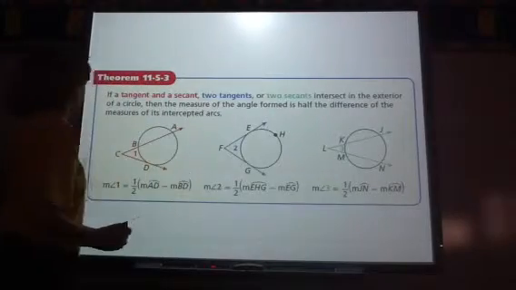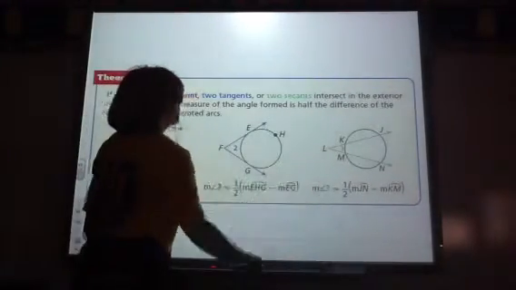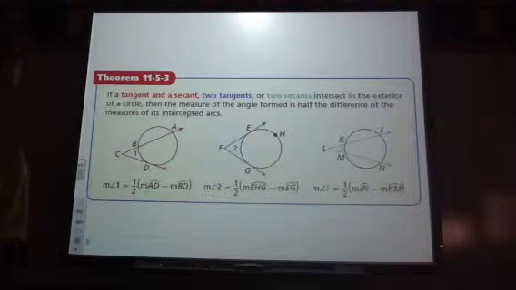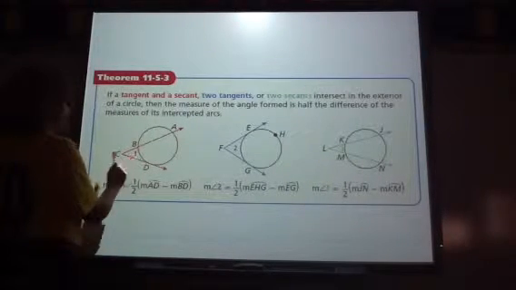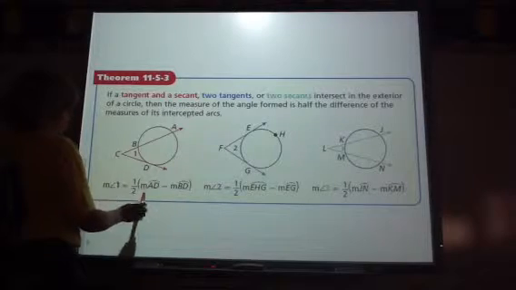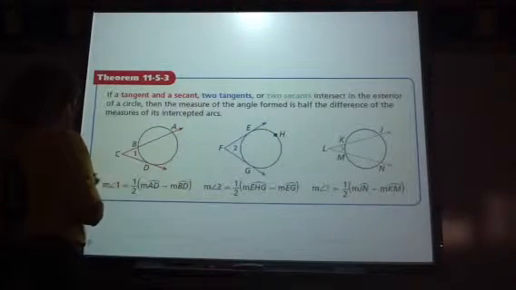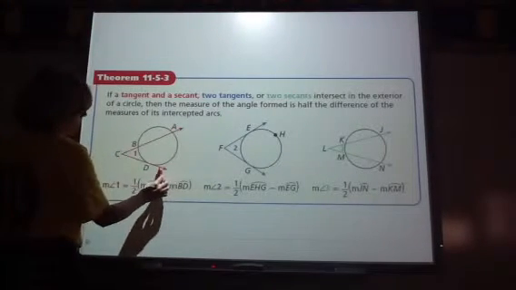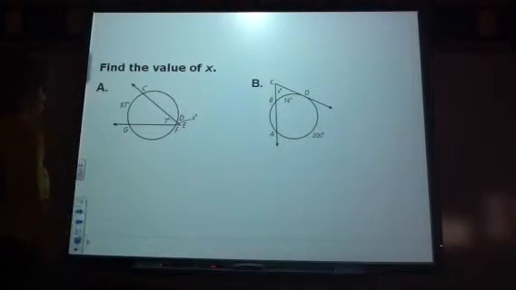Okay, so if you have a tangent and a secant, two tangents or two secants, intersect in the exterior of a circle, then the measure of the angle formed is half the difference. So if the angle is exterior, it's half the difference of the intercepted arc measurements. So this measurement would be measurement of AD, subtract BD, and take half of it. So let's apply this.